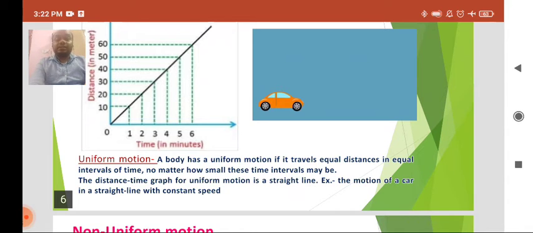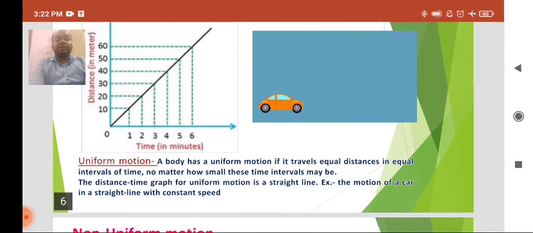This type of graph is called a distance-time graph. The distance-time graph for uniform motion is a straight line. For example, in this figure we see the motion of a car in a straight line with a constant speed. This is uniform motion because the car travels equal distances in equal intervals of time.